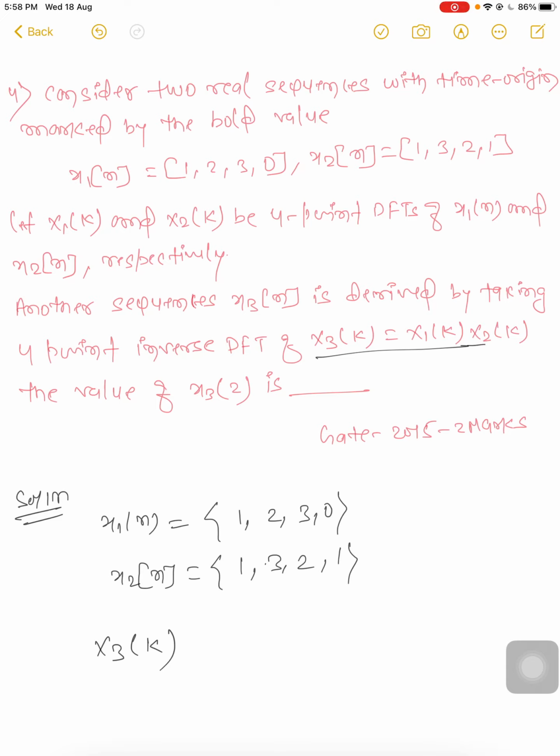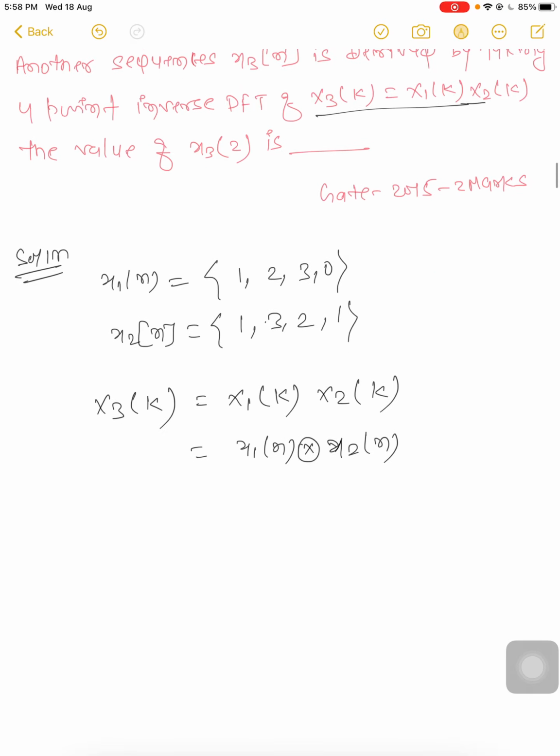X3 is given by X1 k and X2 k, which means multiplication of two signals, the cascade of two systems. So X3 is X1 k times X2 k, which means the circular convolution of x1 and x2.